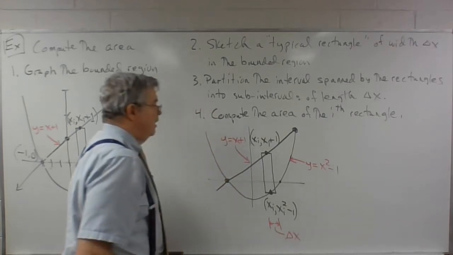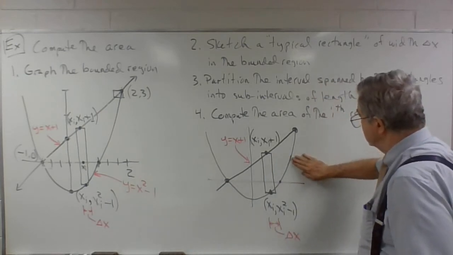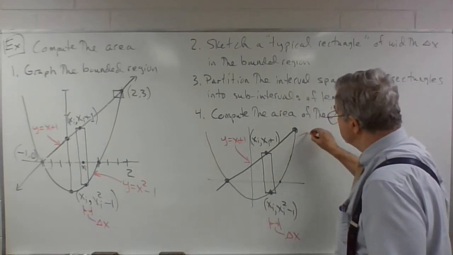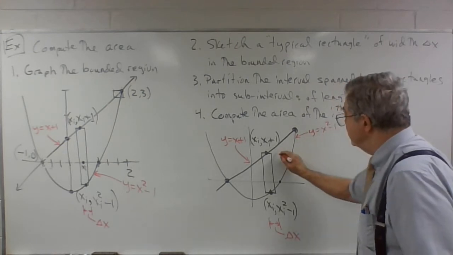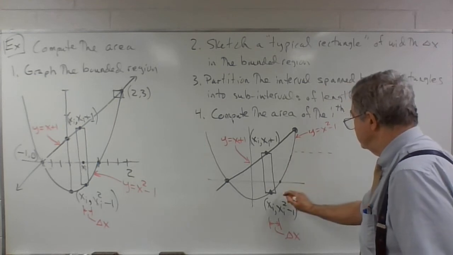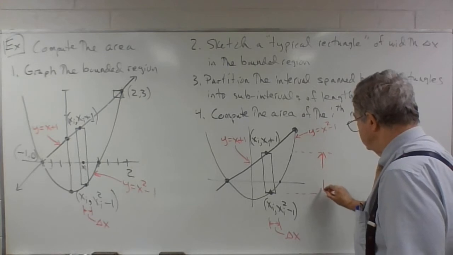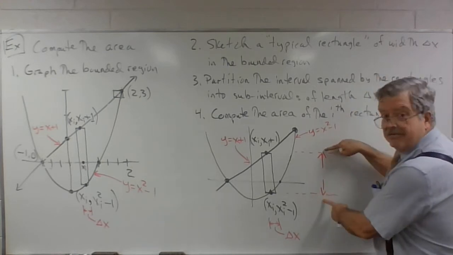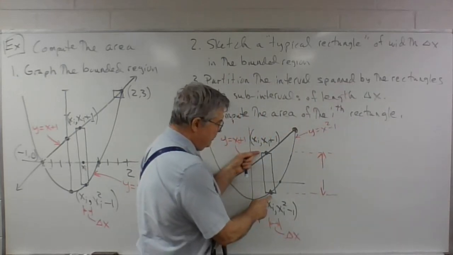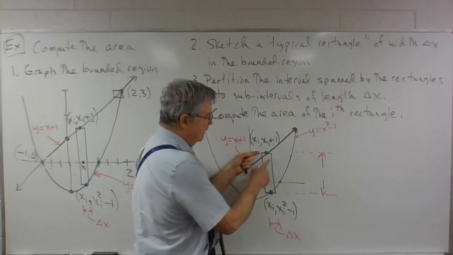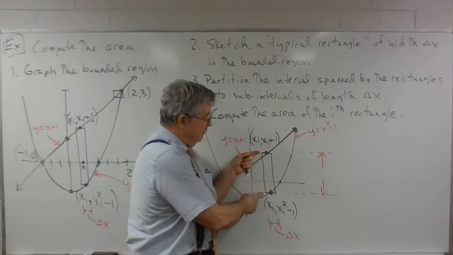And what about the height? Here's the height. It's a vertical distance. And it's the same distance as the bottom of this rectangle to the top of this rectangle. How do we compute this vertical distance?